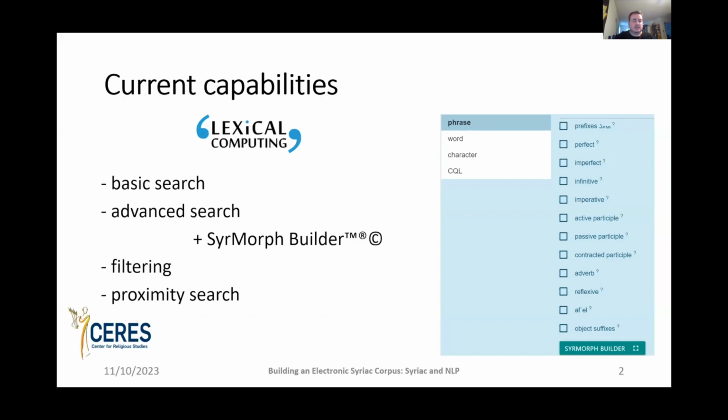It already has a lot of things that you can do, as Michael and James showed us. You can do all kinds of wonderful things with it, from basic searches to advanced searches to even using regular expressions, even for those who don't know what they are. George and I developed this tool, Syriac Morph Builder, that can help you with that. There's stuff like filtering and proximity searches that everybody can use to get the most out of Simtho.